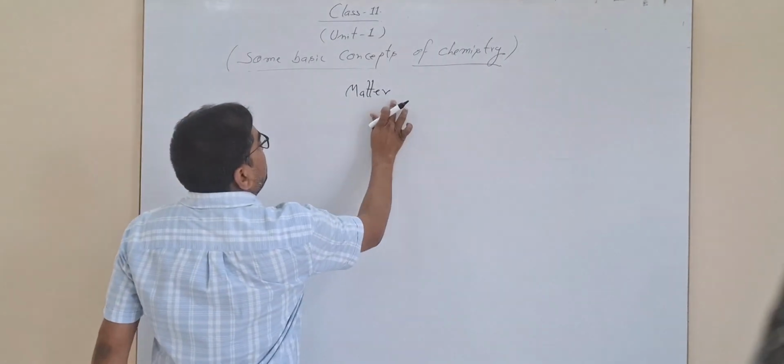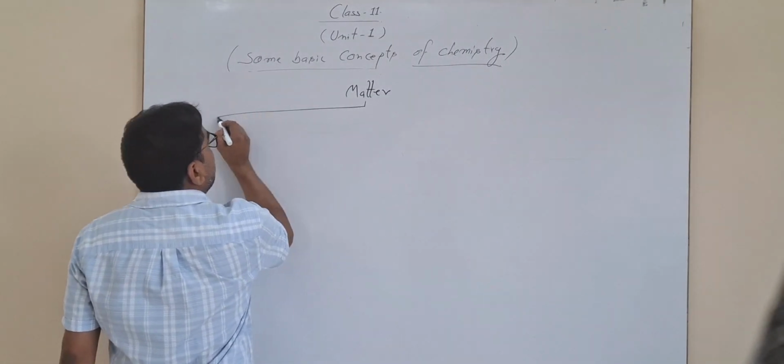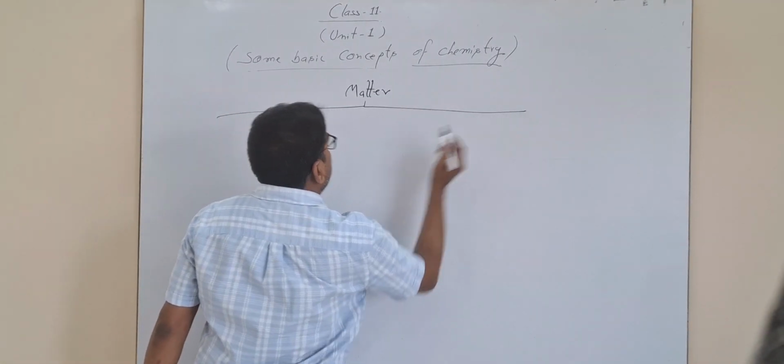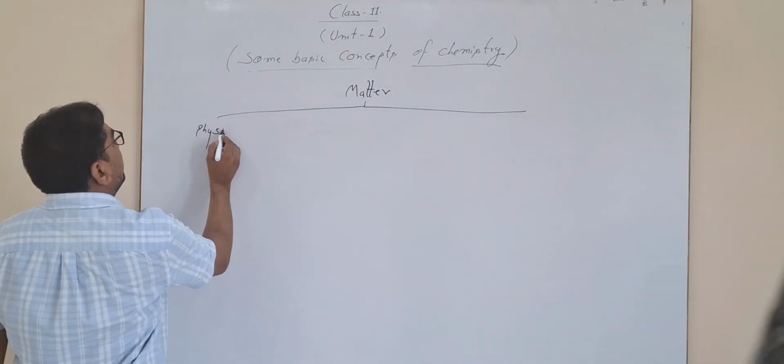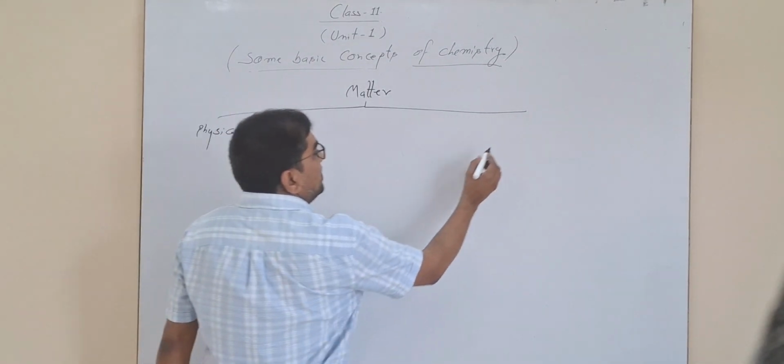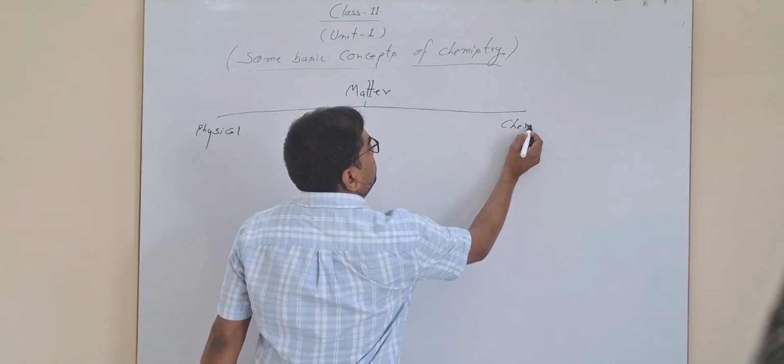We can classify matter in two categories: physical classification and chemical classification.